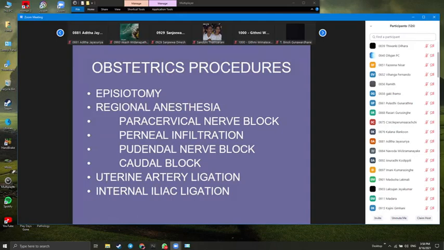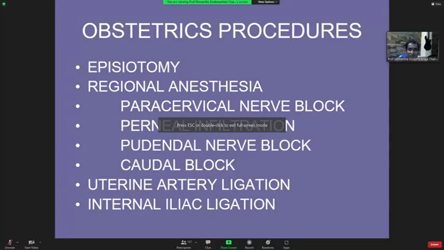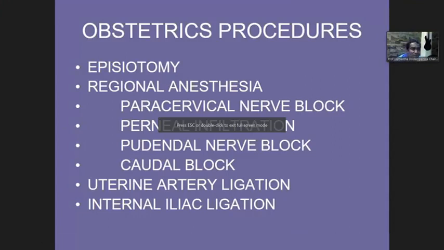And then when everything is not right, bleeding after cesarean section or delivery, the surgeon should know how to ligate the uterine artery. And if everything goes wrong, then you need to ligate the internal iliac artery without tying the external and common iliac, and thereby causing an ischemic limb.